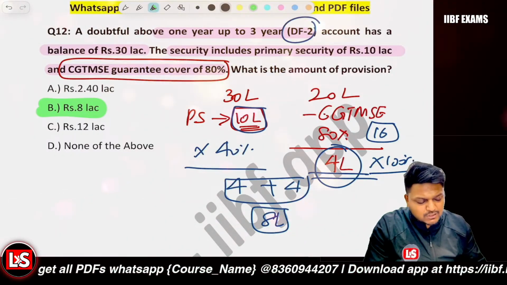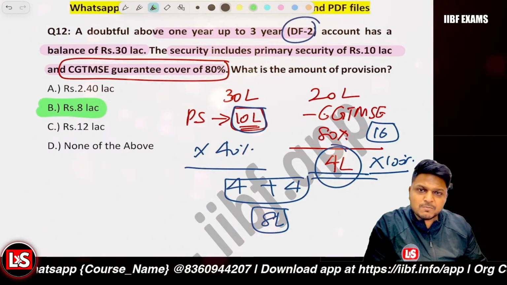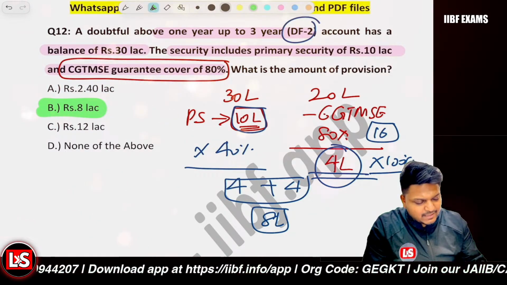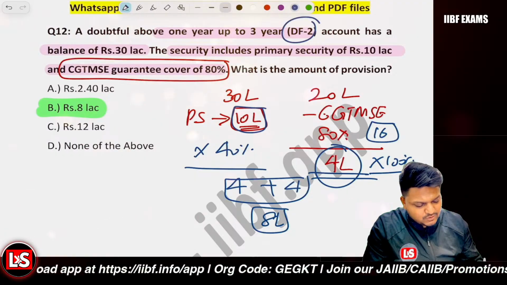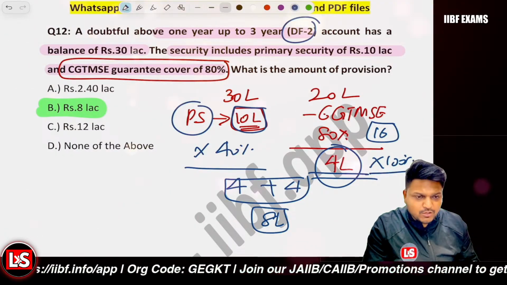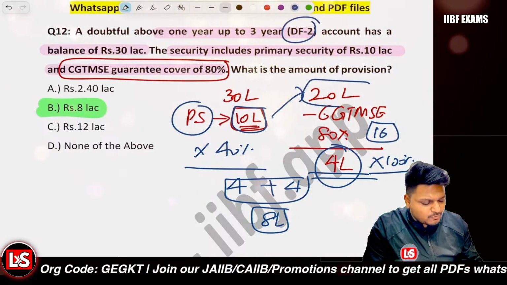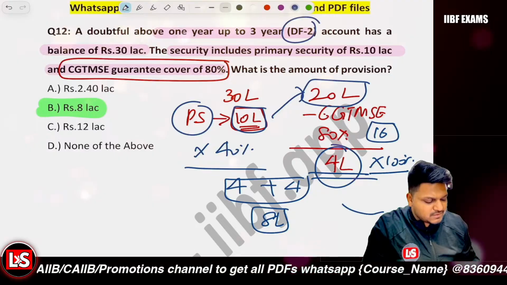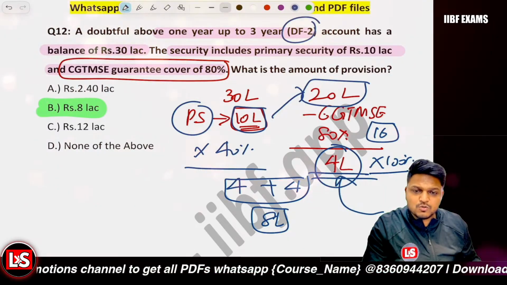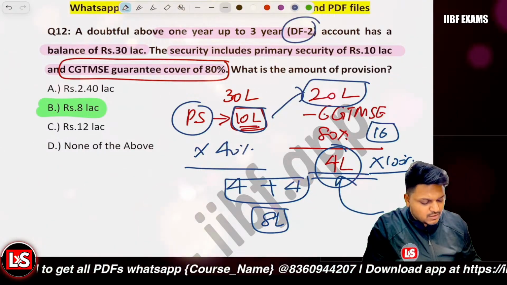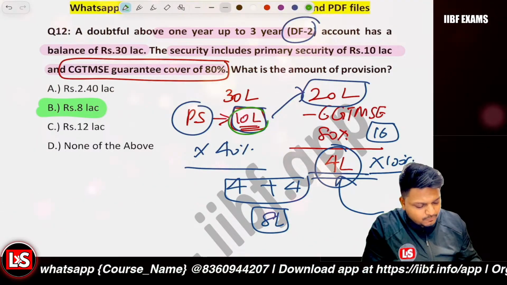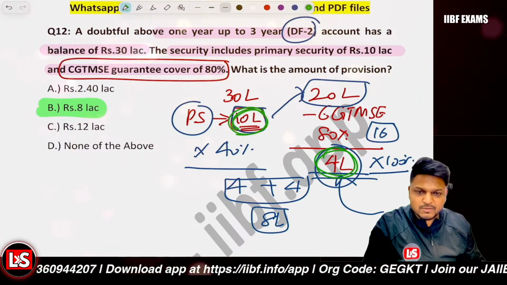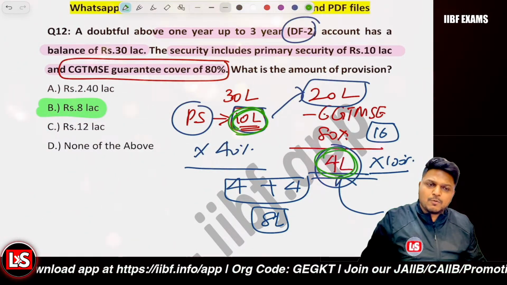First we separated the primary security, which was 10 lakh rupees, and 20 lakh was the amount left. Then we separated the cover amount from it, that is 80%, and we were left with the unsecured balance, the amount for which no security is available, that is 4 lakh rupees. Now we have the secured balance of 10 lakh and the unsecured balance of 4 lakh rupees, and we calculated the provision accordingly.